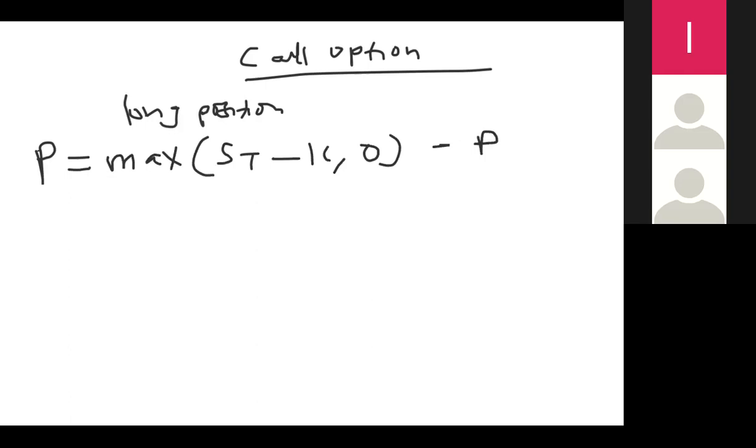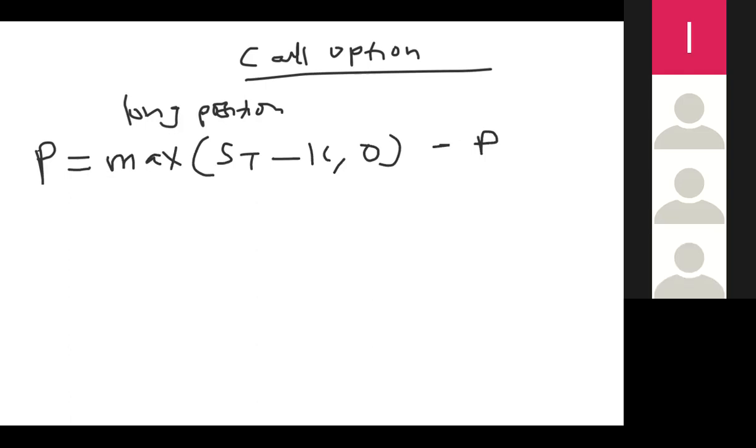So let's say if ST is above K, you exercise it, right? So that means the price of stock can rise up to infinity, right? It can rise up to infinity.